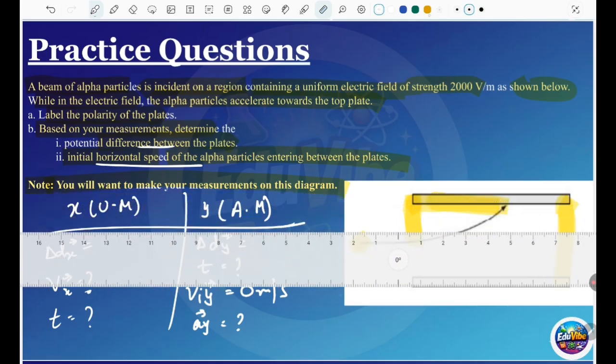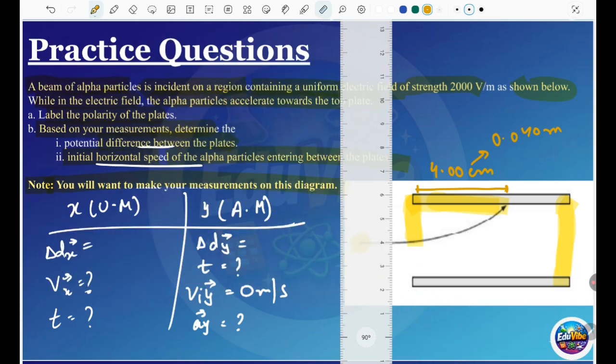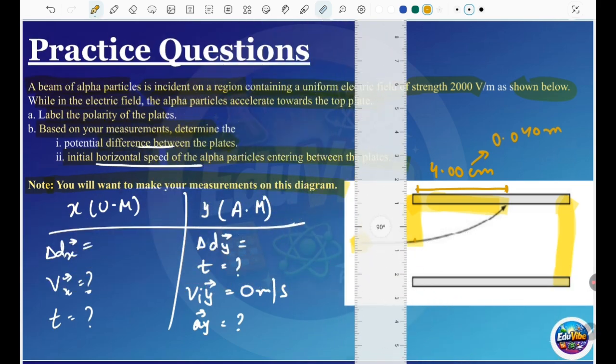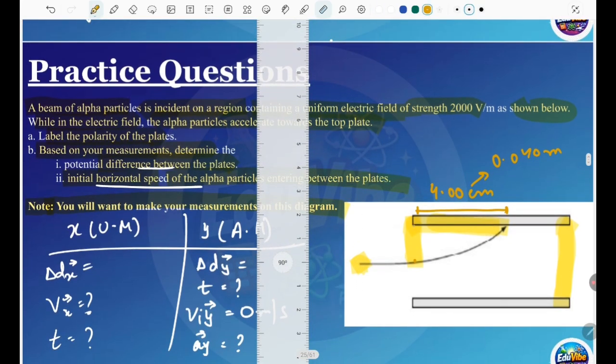So this means from here to here you have 4.00 centimeters, which in meters is 0.040 meters. Same with the next one: you get about 1.1, so from here to here you get 1.1 centimeters, which in meters is 0.011 meters.